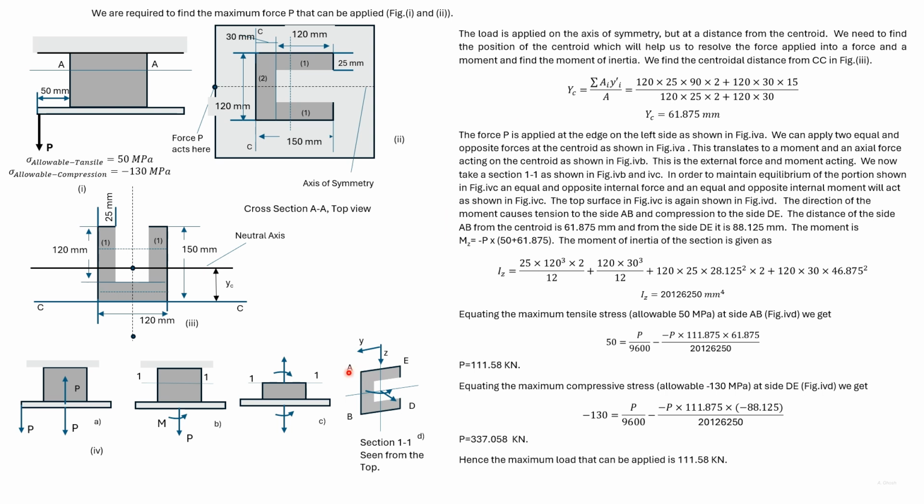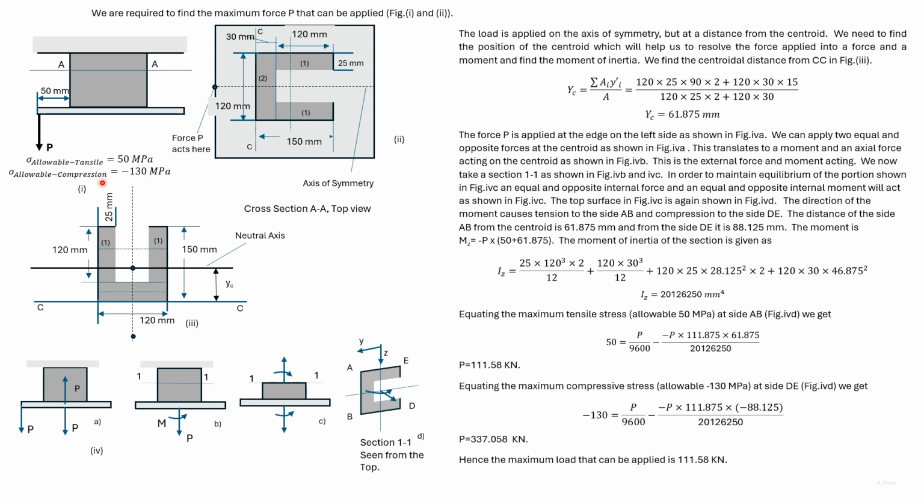So AB will be subjected to the maximum tensile stress, which we have found here by adding the tensile stress due to the tensile force and due to the moment. We have found it in terms of P.